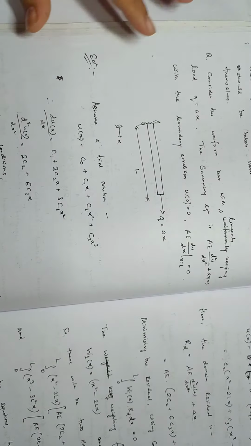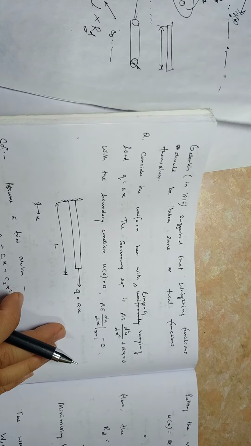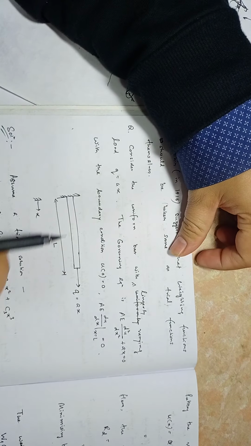So whatever trial function you have taken, that same trial function you take as the weighting function, and multiply with that residual. So here you see Galerkin suggested the weighting function should be taken the same as the trial functions themselves. By taking that we have illustrated one numerical, and here you will see how to solve it by taking a weighting function. So here you see what is the numerical.